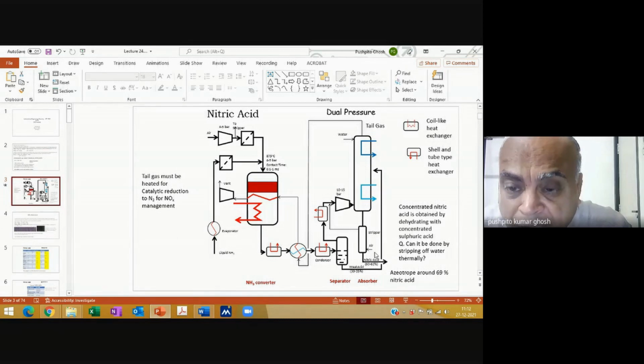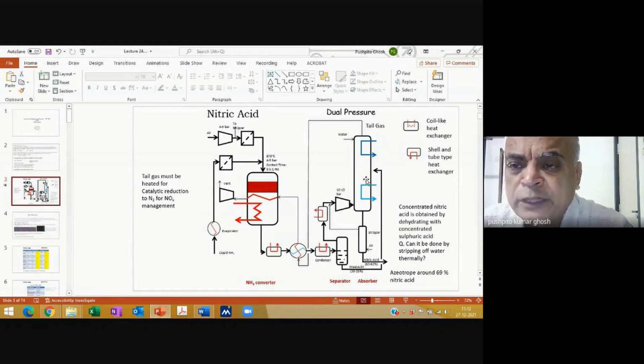I'm obviously putting in air. So air will have nitrogen and oxygen, and all of the oxygen is not going to react. So there will be mostly nitrogen, unreacted oxygen, and the NO which was formed when N2O4 reacted with water to form HNO3, and also some of the NO2, N2O4, which may not have reacted with water.